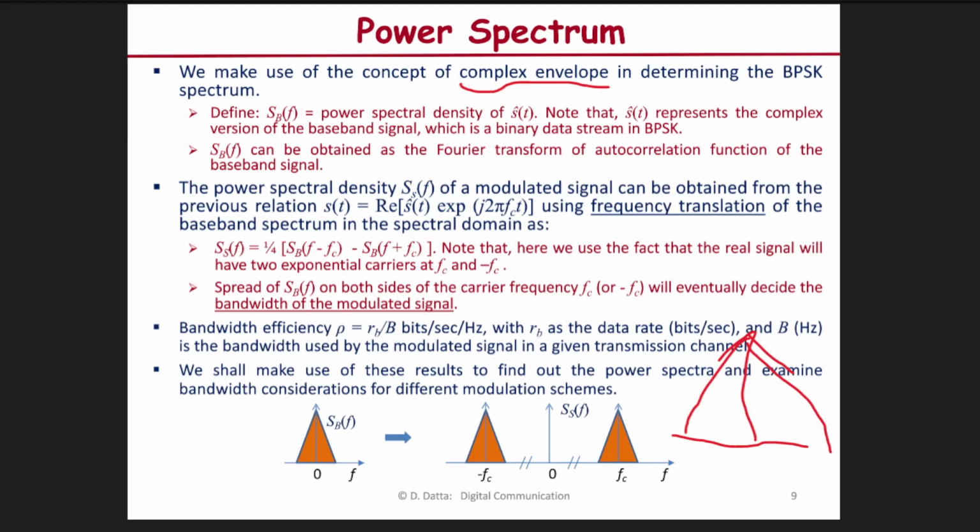This is the original spectrum of the baseband signal, and after modulation it goes to two sides. It's very difficult to draw these lines with the mouse, so please bear with me.